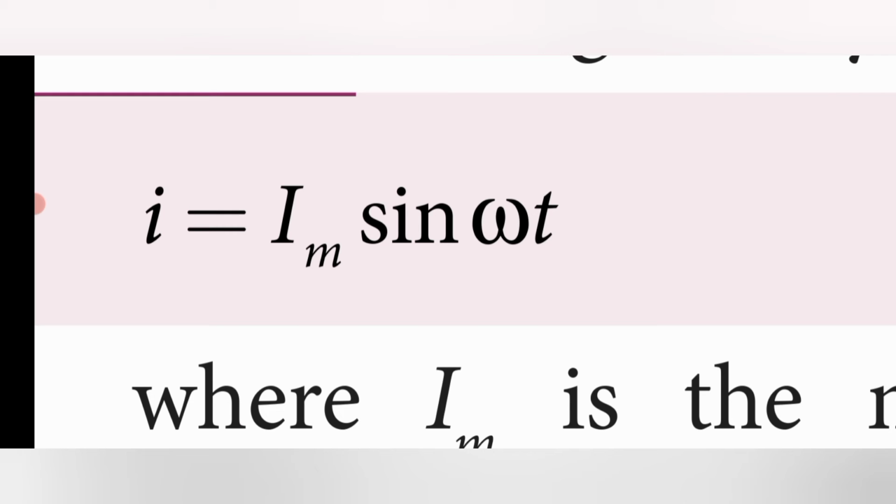So when we draw a graph between the induced EMF and time, after one rotation of the coil a sinusoidal curve is formed. This sine curve is called the sinusoidal EMF or alternating EMF, which is also considered an alternating voltage. When this alternating voltage is given to a closed circuit, the current also varies.